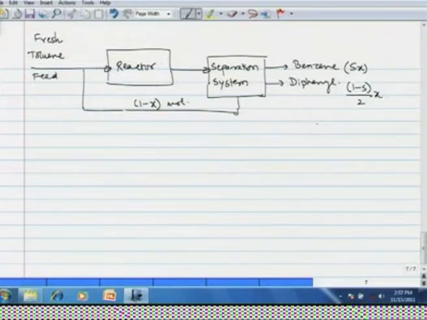Okay. The next parameter is that of the catalyst deactivation. Now, a chemist tries to design a catalyst that has not only high yield, but also high selectivity.